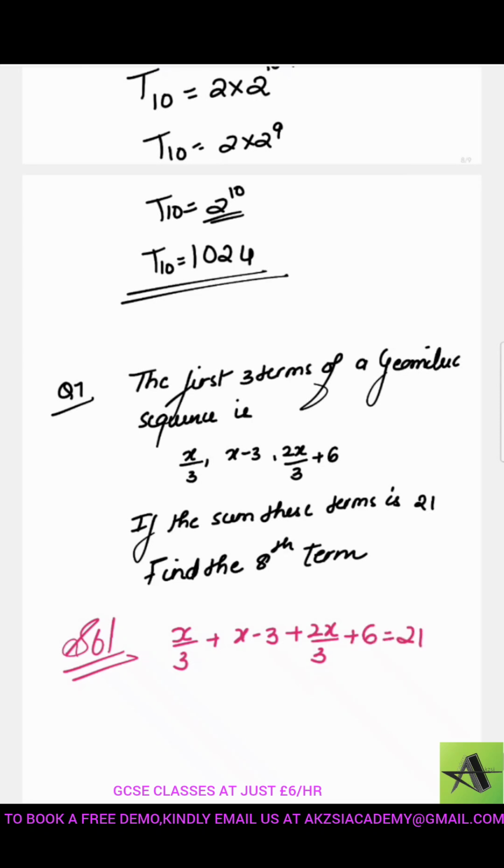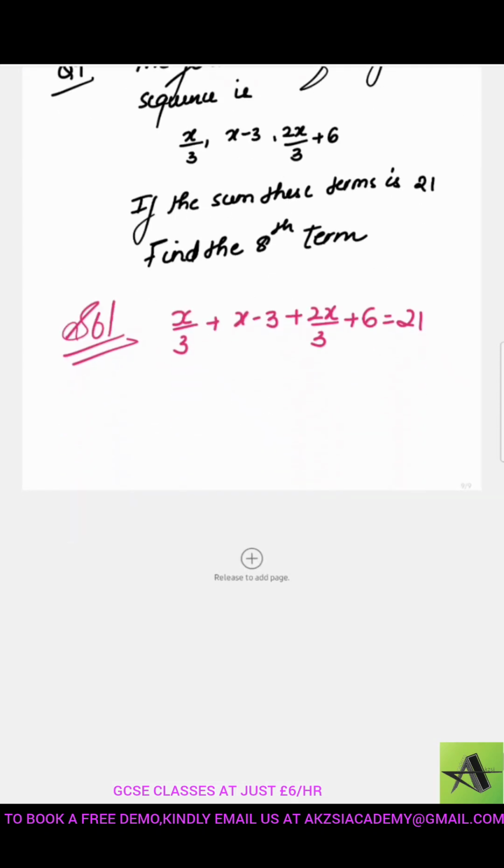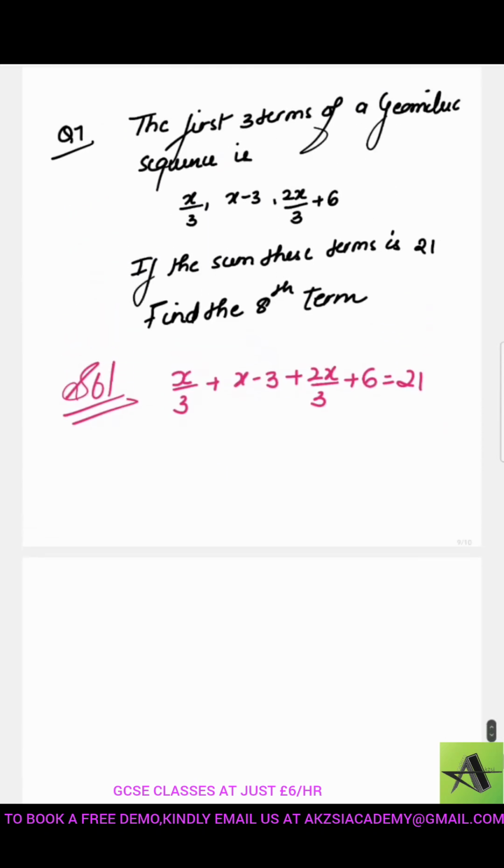I have added all three terms. Let me add the fractions first. x over 3 plus 2x over 3 is 3x over 3, which is just x. Here I write the other x as it is, and minus 3 plus 6 is plus 3.